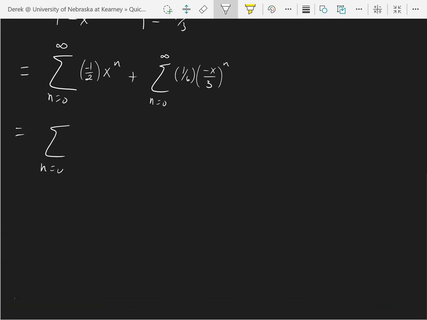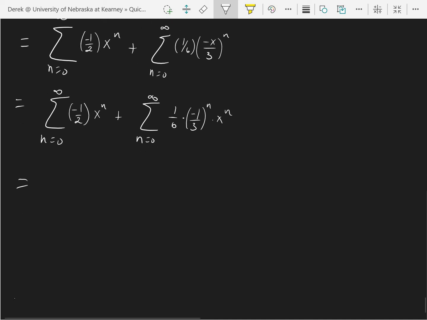I've got the sum from n equals 0 to infinity here of negative 1/2 x to the n plus the sum from n equals 0 to infinity of 1/6 times negative 1/3 to the n times x to the n.